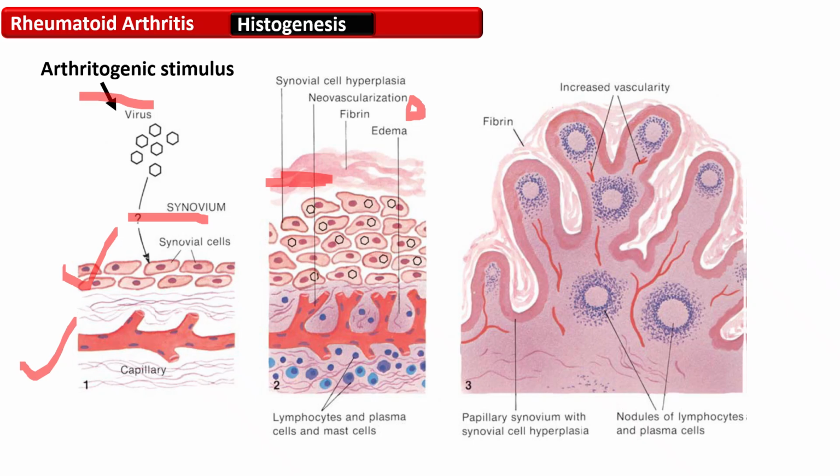The normal synovial lining is about 1 to 4 cells thick, but in rheumatoid arthritis it can become 8 to 10 cells thick, and as the lesion progresses, it is thrown into numerous folds.